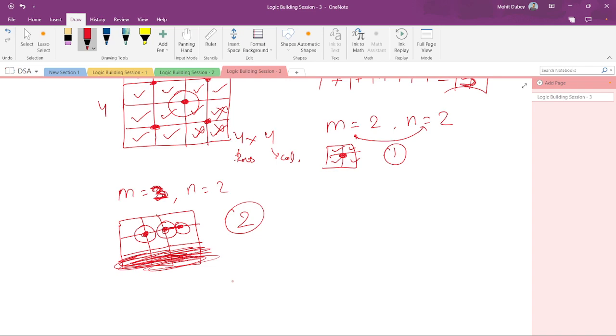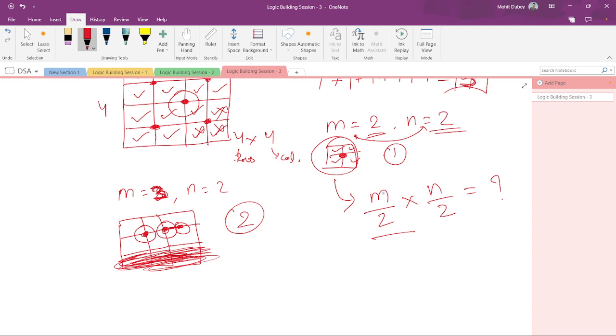So what I can see from here is that while these both are 2, I can derive a formula using my observation that says m by 2, right, and n by 2 equals the answer. How? Let's say there are 2 rows divided by 2.